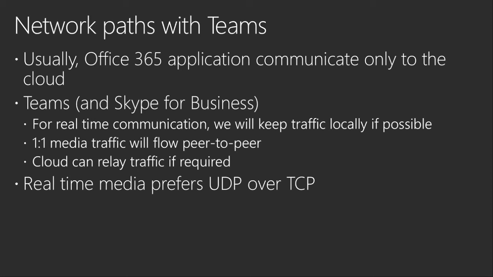So I really want to keep it as local as possible. And that's true for one-to-one conversations. If you're in a meeting with multiple people, we will always send it to the cloud, because in the cloud there's a conferencing service that will mix the audio, collect the video and send it out again. So this doesn't apply to meetings, but it does to one-to-one communication.